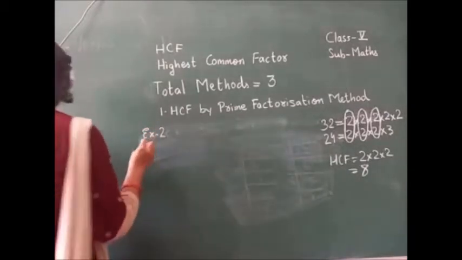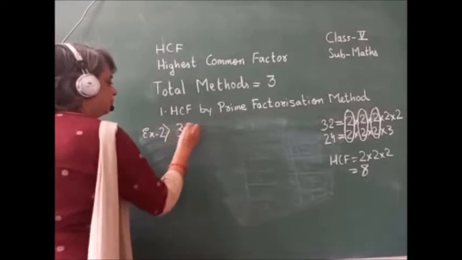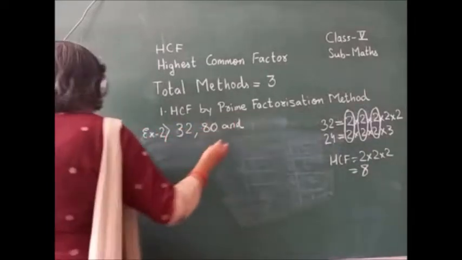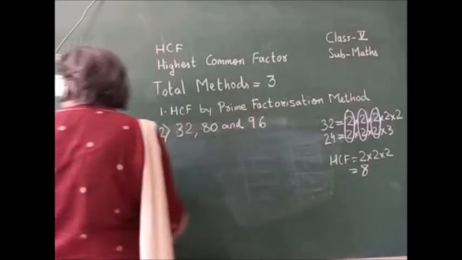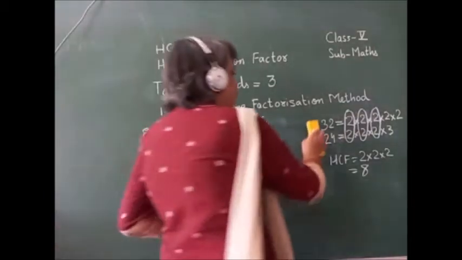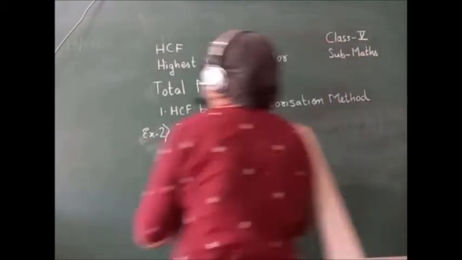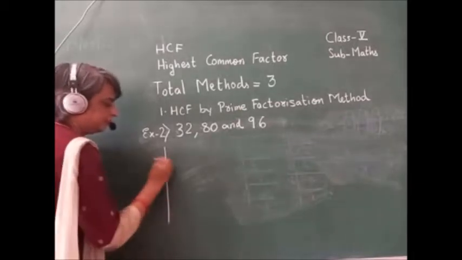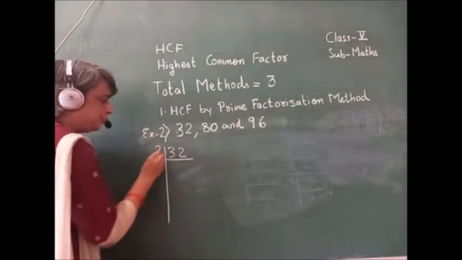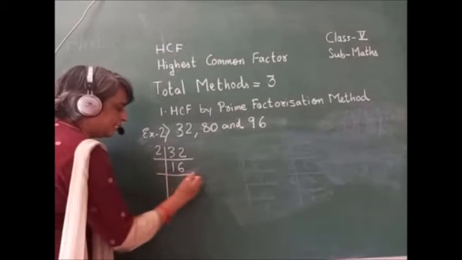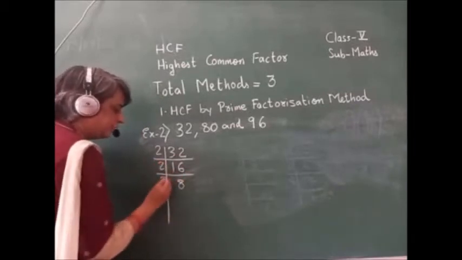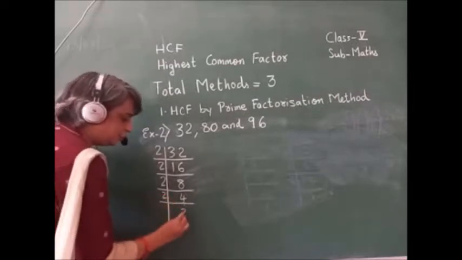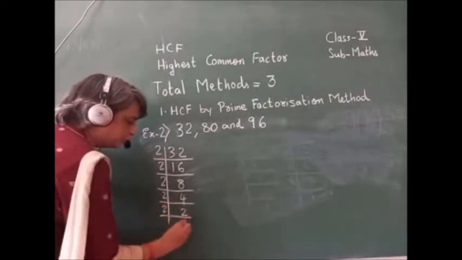Example number 2: 32, 80 and 96. Now here children, again number 32 is there. 32, 2 sixteens, again 2 eights, 2 fours are 8, then 2 twos are 4 and 2 ones are 2.